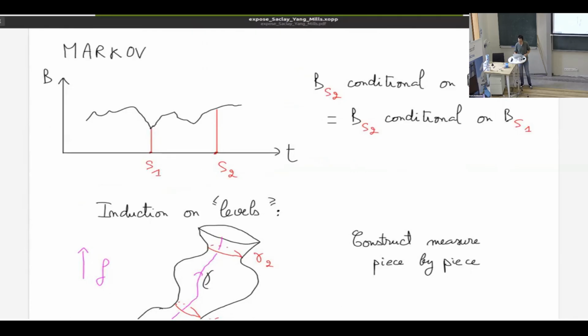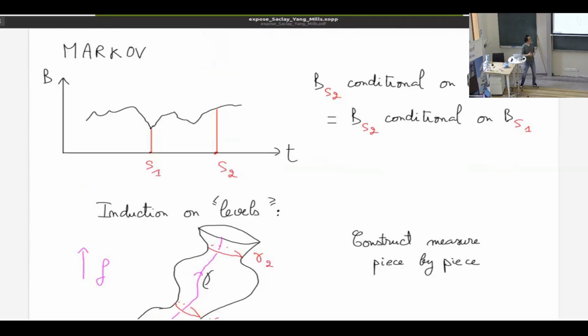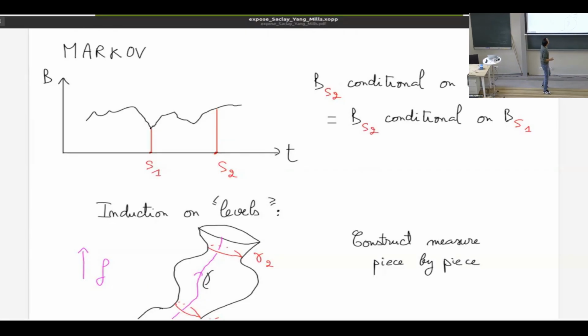Another important feature of our random connection is a certain spatial Markov property. For instance, here I compare to Brownian motion.